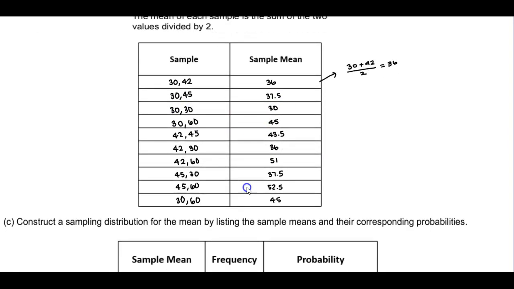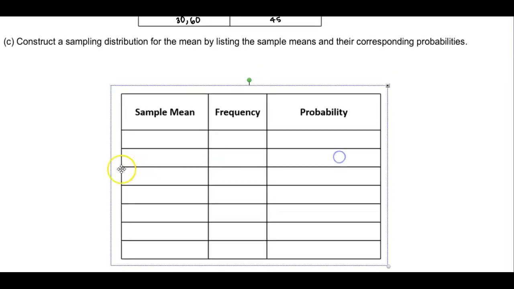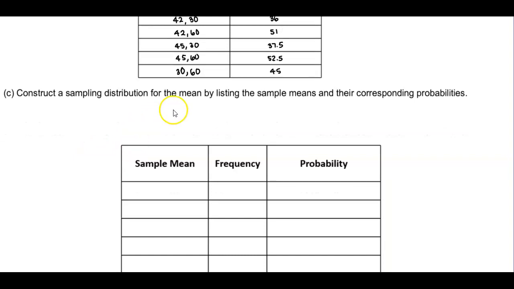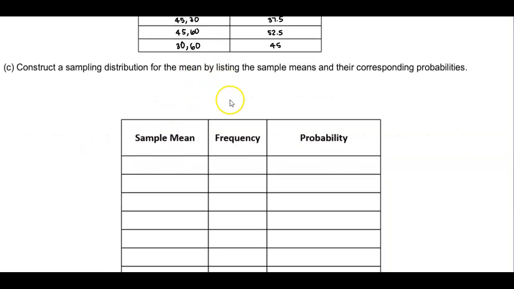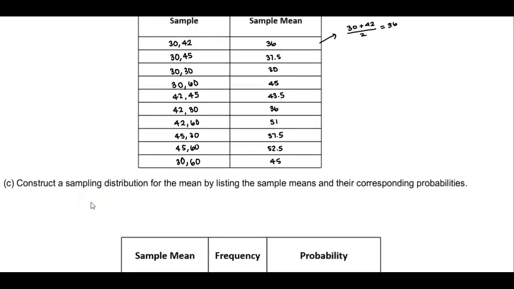Now in part C, they want us to construct a sampling distribution for the mean by listing the sample means and their corresponding probabilities. So we want to list all the sample means in here. Let's take a look at the sample means.